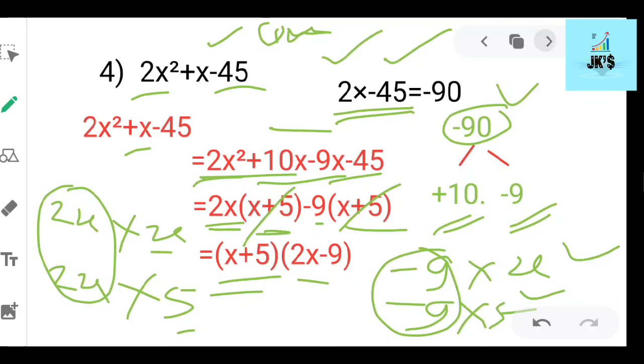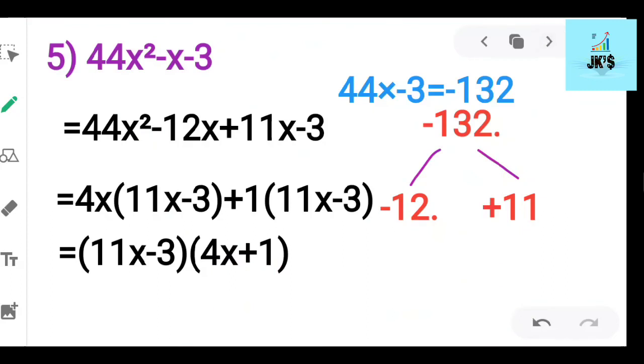Okay. Now come to the fifth and last example for this practice set 6.1. The example is 44x square minus x minus 3. We have to take the coefficient of the square term, that is 44, and the constant term is minus 3. 44 into minus 3, the product is minus 132.